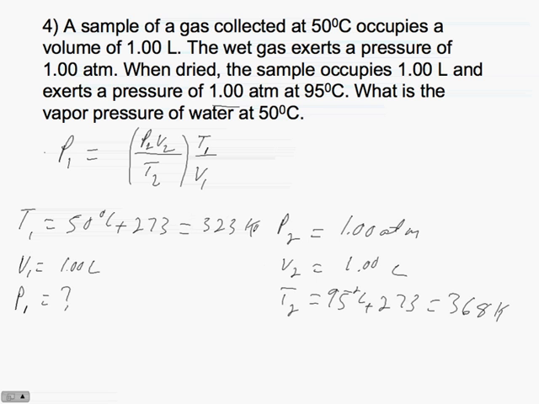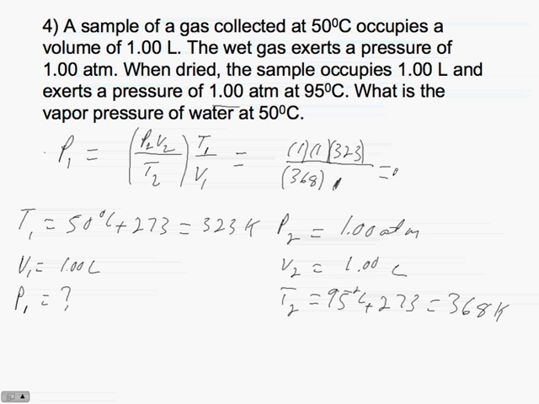So we take these variables and substitute them back into the equation, which means that P1 would be equal to P2 is 1, volume V2 is 1, T1 is 323, T2 is 368, and V1 is 1 liter.